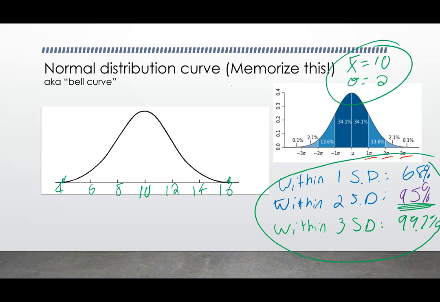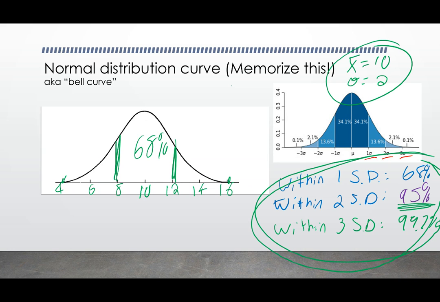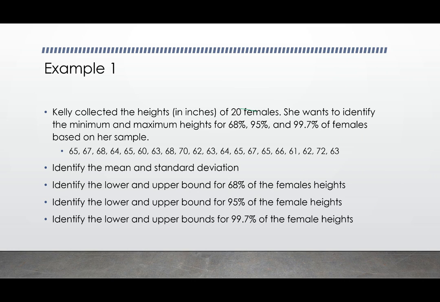But most of the time they ask, what percent of fish are between 8 and 12 pounds? In that case, it'd be 68%, because 8 and 12 is 1 standard deviation, and from 1 standard deviation to another is 68% of the data. Again, these are numbers you have to know and memorize. So I hope that explains it a little bit.